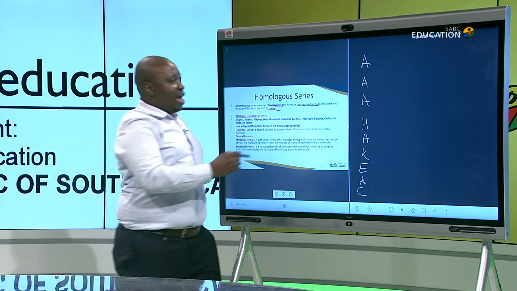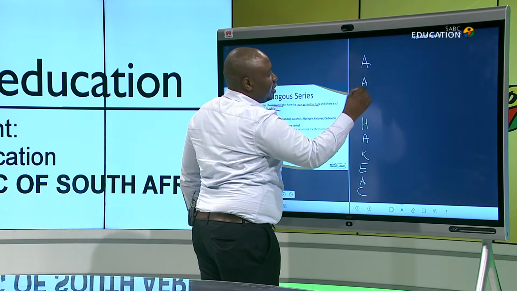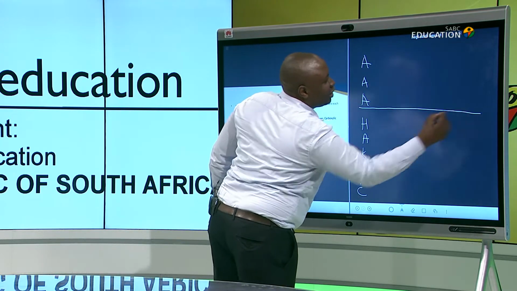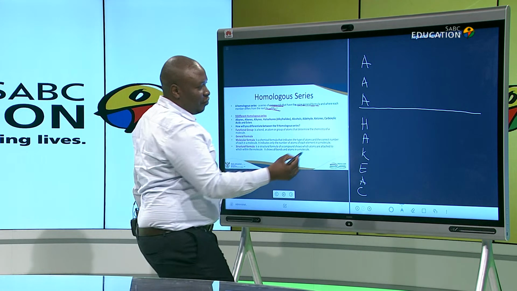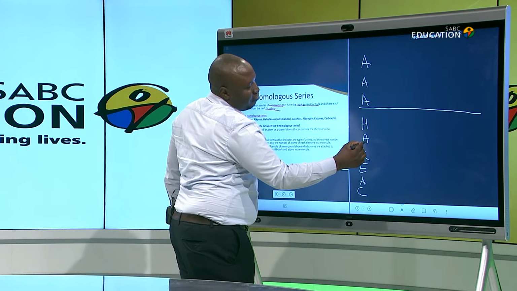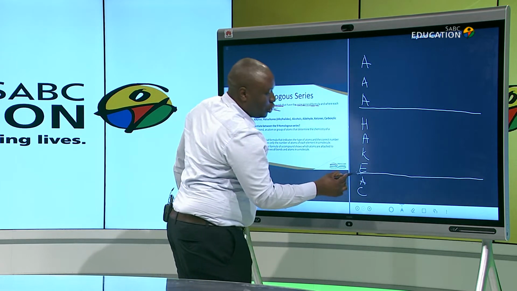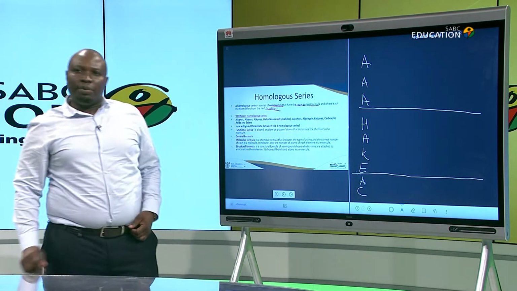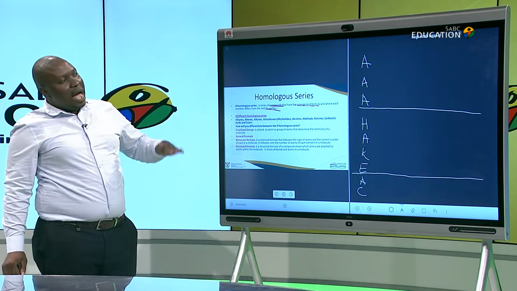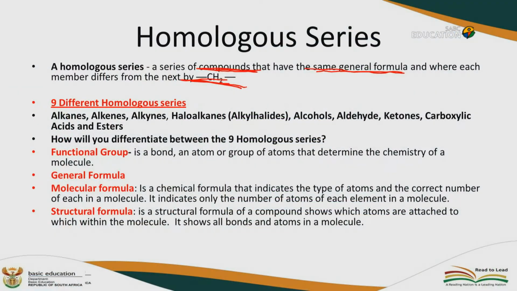To say we have alkanes, alkenes, alkynes, these 3. Then we have haloalkanes, we have aldehydes, we have ketone and esters. Then we have the last 2, which is your alcohol and your carboxylic acid. So those are the 9 homologous series that you are supposed to know.